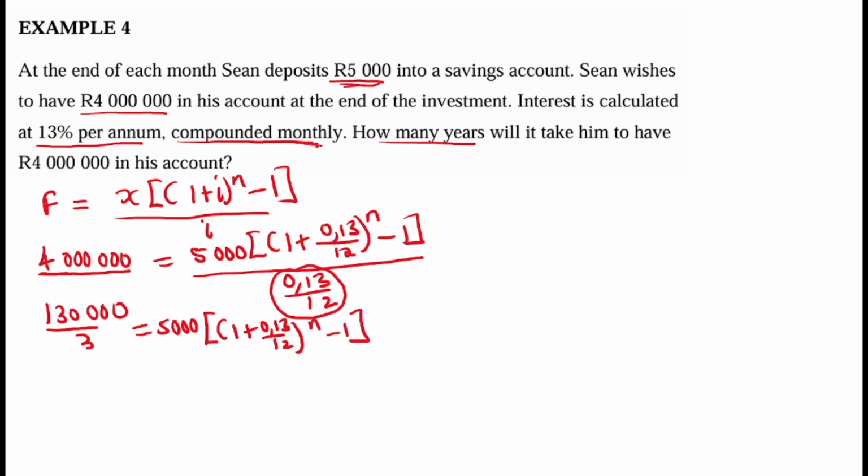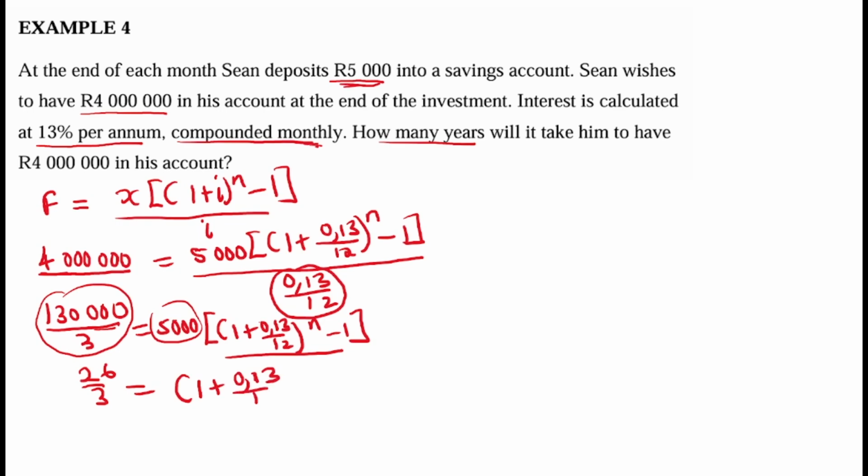After that we divide both sides of the equation by 5,000. If you say 130,000 divided by 3, and then divided by 5,000, you must get 26 over 3, which is equal to (1 plus 0.13 over 12) to the power n minus 1.